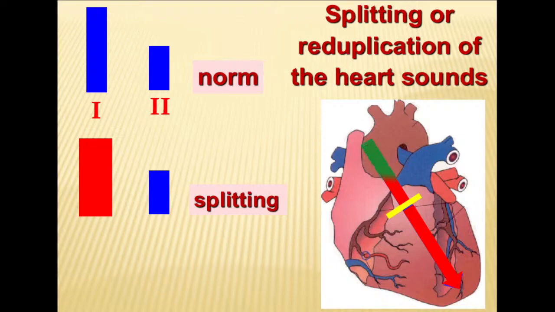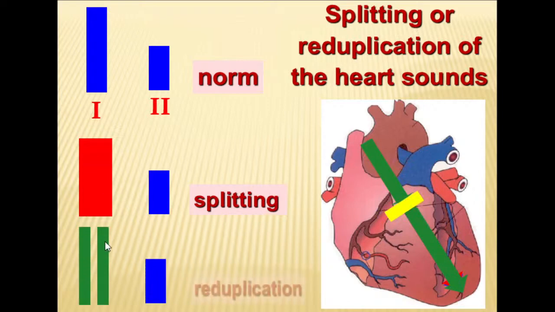If this process is prolonged, the impulse stops longer, and instead of one stroke we will hear two short strokes. We are talking about reduplication. This process may be with the first sound or maybe with the second one also.